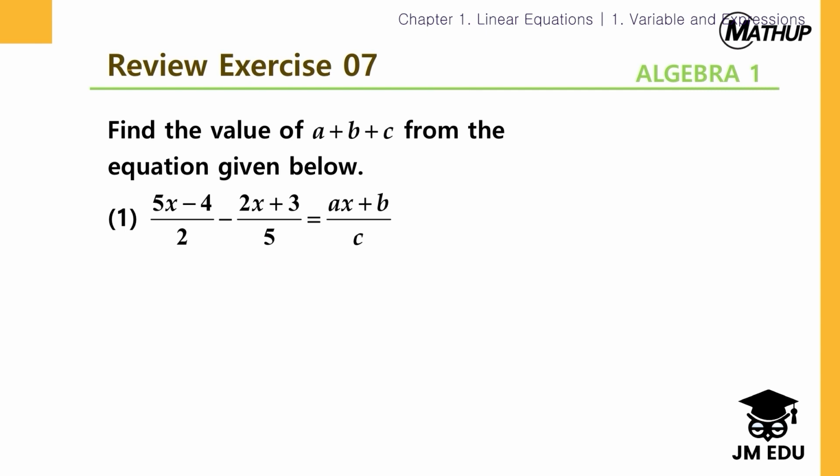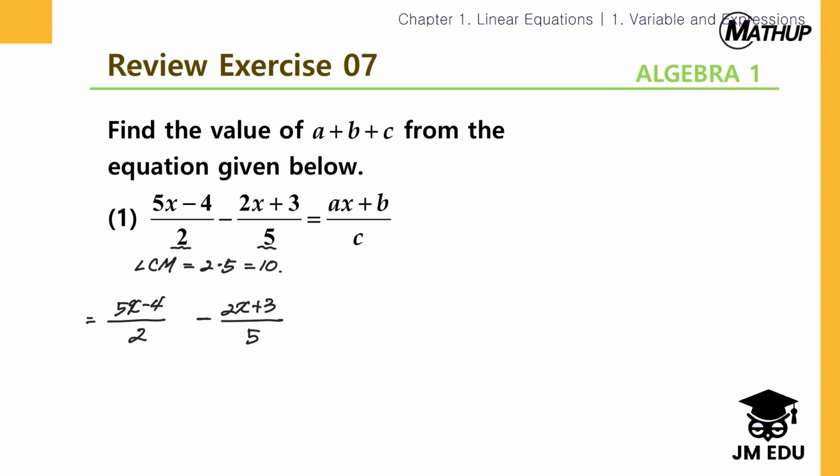So the least common multiple in this problem, we have 1, 2, 1, 5. So that should be 2 times 5, which is equal to 10. So we have 5x minus 4 over 2 minus 2x plus 3 over 5 on the left side.